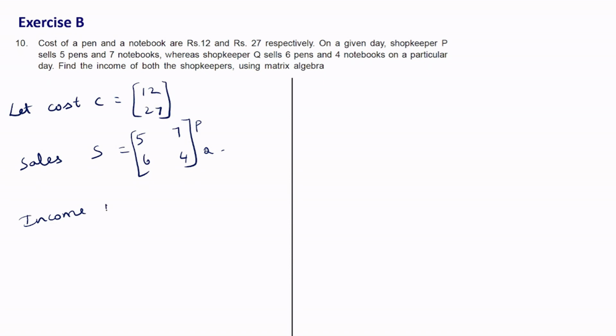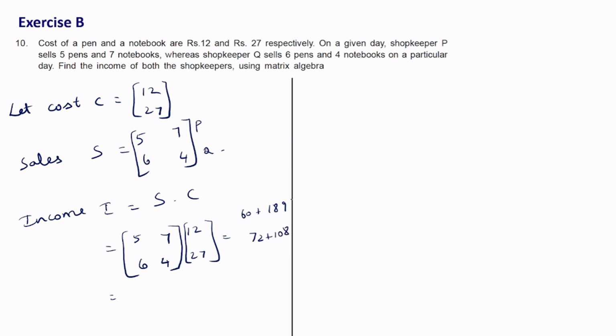Income I is equal to S into C. So it is 5, 7, 6, 4 into 12, 27. So this is 60 plus 189 and then 72 plus 108. So it is 249 and 180.